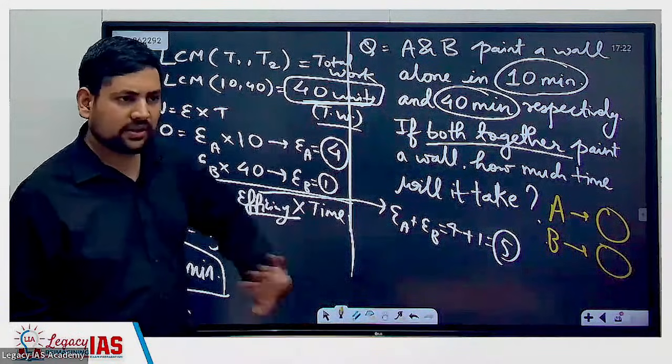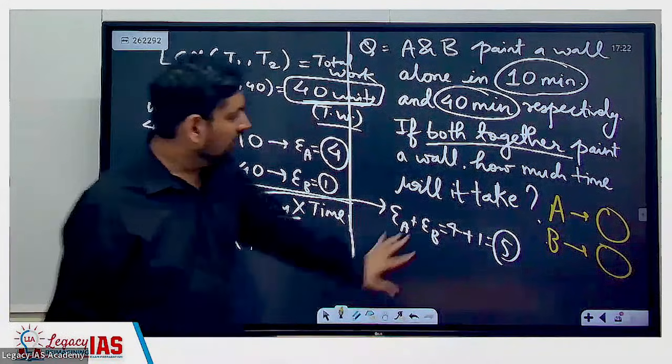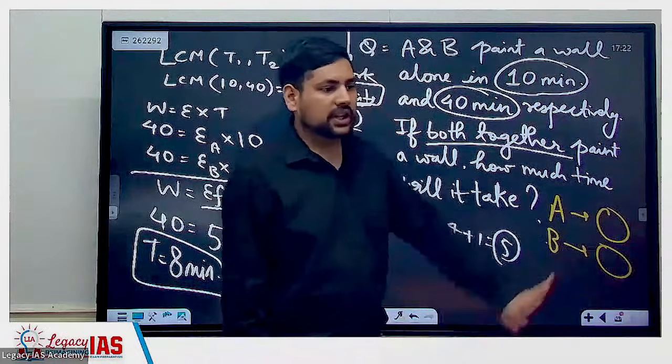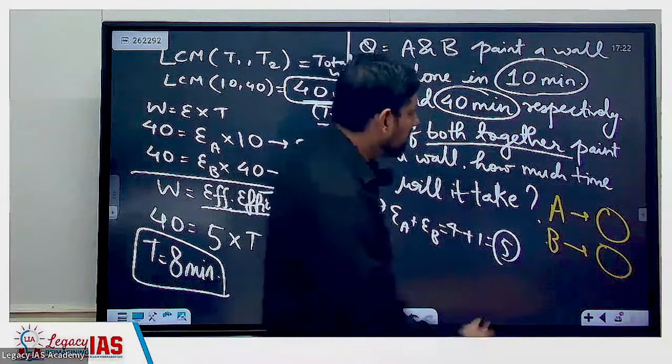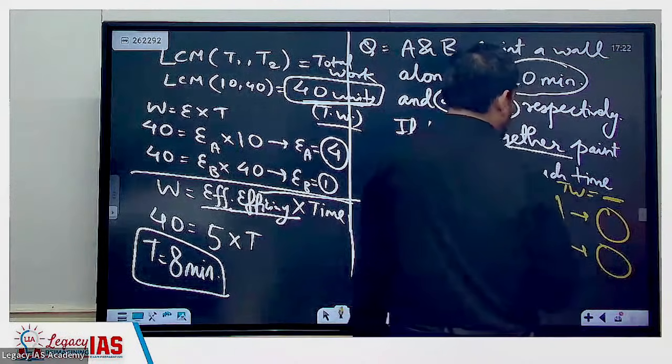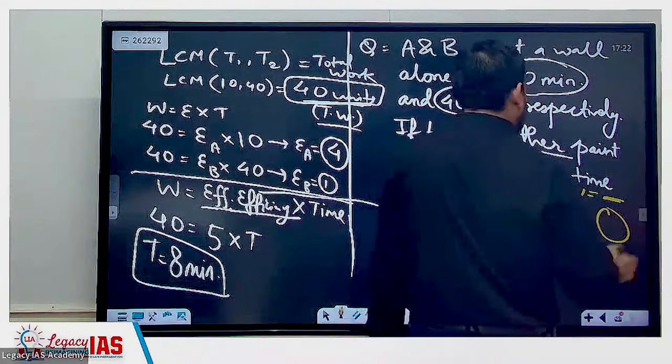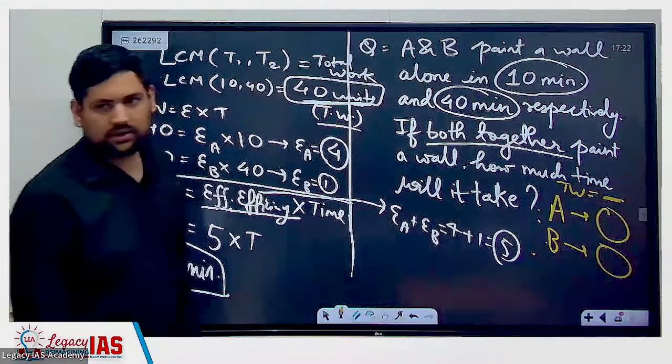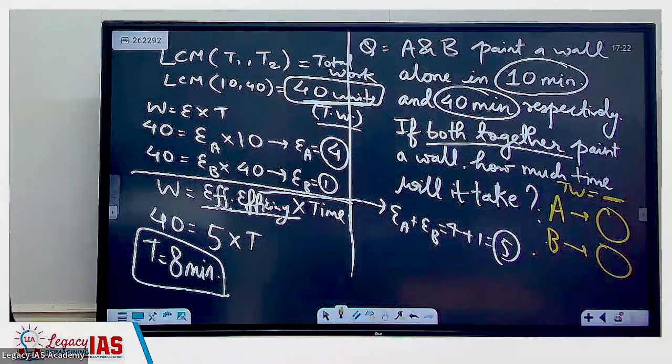How much time they take is not important to us at all. Eventually, we'll get to efficiency. We'll solve everything in efficiency. So you will only write here total work is equal to whatever it is, and A, B, these are the efficiencies. And then you will see what is asked in the question. Understood the process?